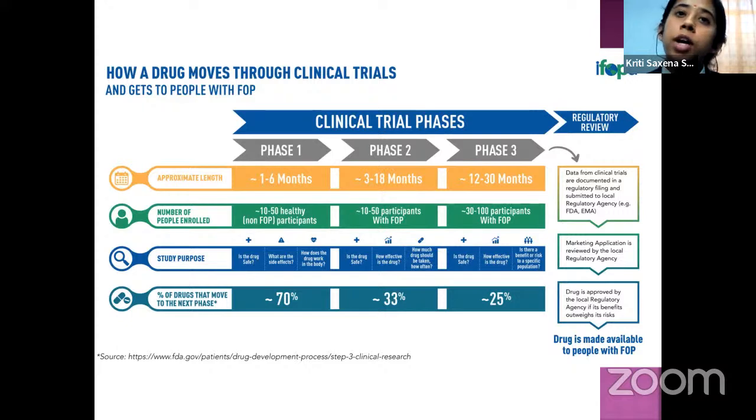If we have 100, only 70 will go for phase 1, only 33% of that will go to phase 2, and then 25% will go on to phase 3. And at the end, we have only 1 or 2 molecules that are published for post-marketing surveillance.